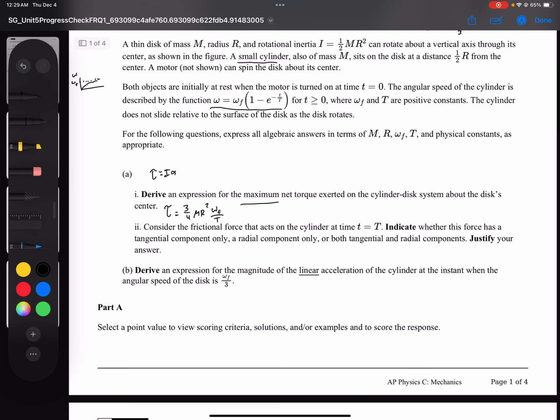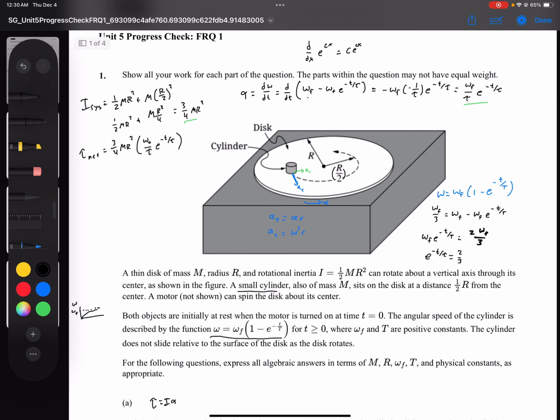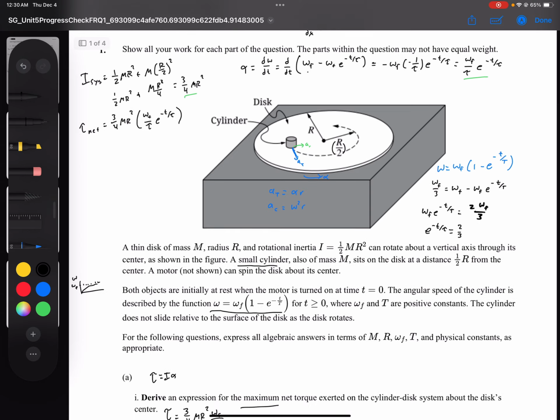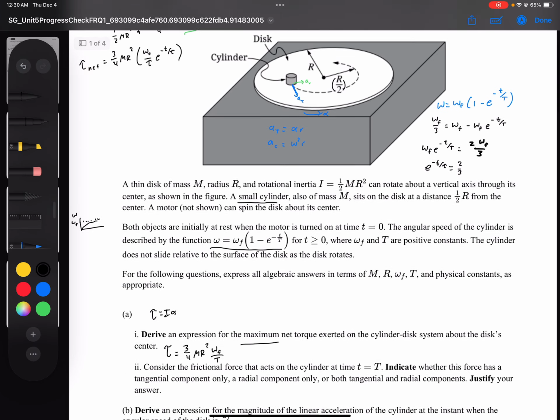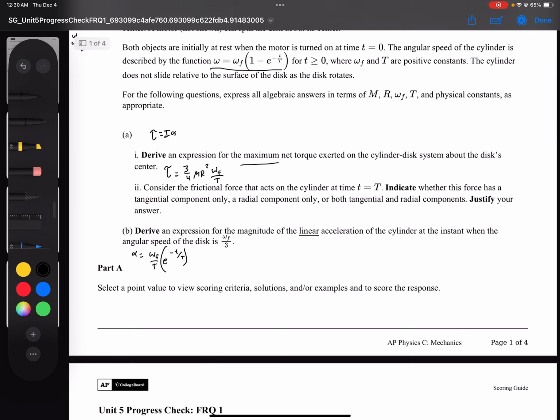So first, let's find the angular acceleration. I'm kind of running out of space up there, so I'm going to put it down here. We have our expression from before, right? Let's see. Yeah, so here we go. We have omega f over capital T times e to the negative t over capital T. And then this whole term we just established has to be 2 over 3, right?